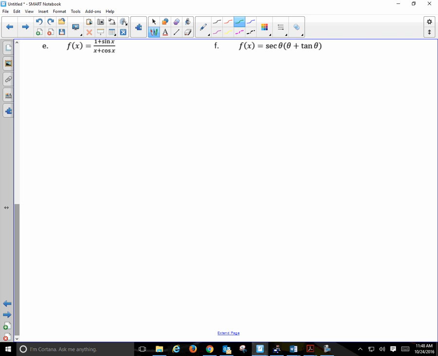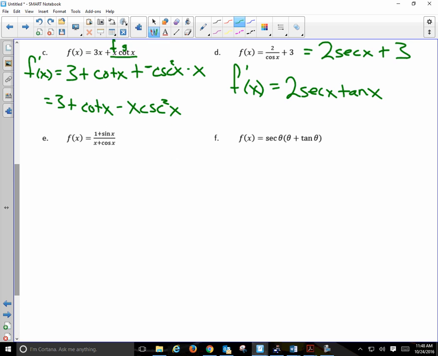Now, let's try a couple that are actually a little bit more complicated. So we've seen a nice basis for beginning, but we'll try these next two. These are a little bit more challenging. No way around rewriting letter E. I'm going to have to use the quotient rule. So I have f prime of x is equal to, what's the derivative of the top?